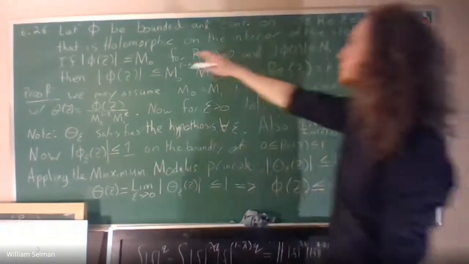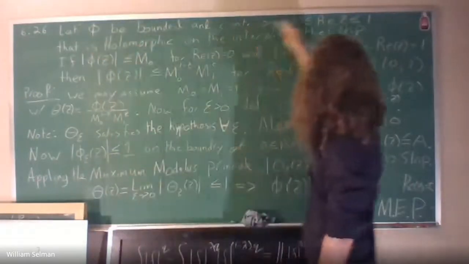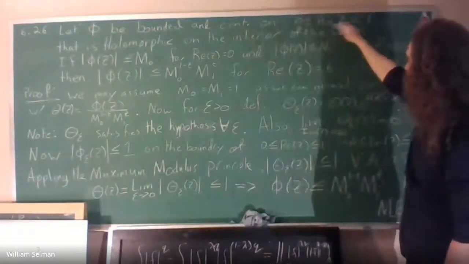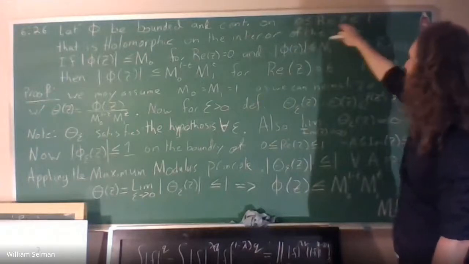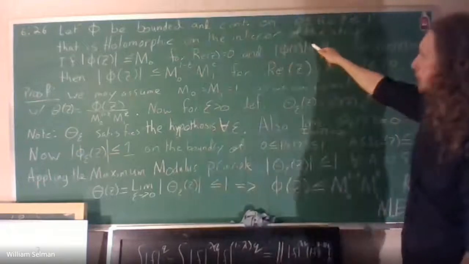complex plane. So we're going to have a function phi bounded and continuous on the strip in the complex plane with real part between 0 and 1, and we want it to be holomorphic on the interior.